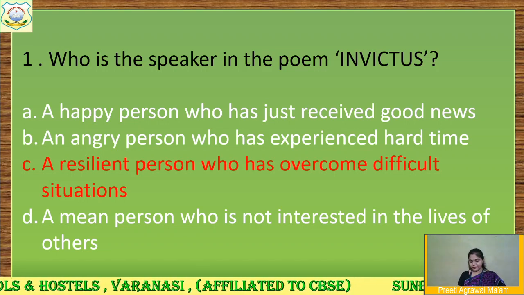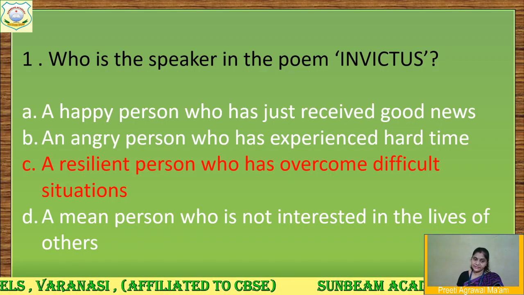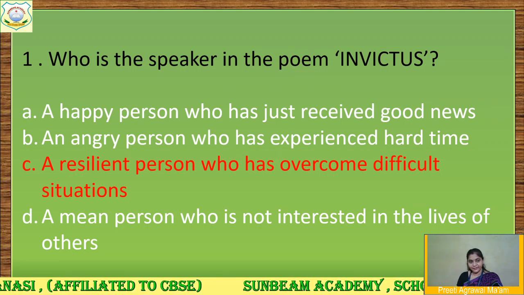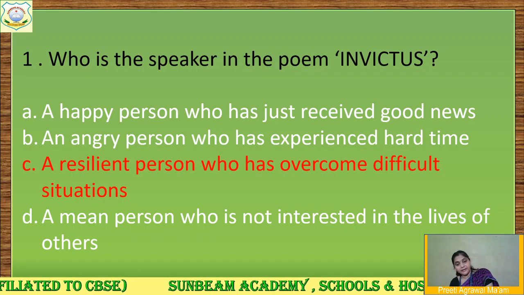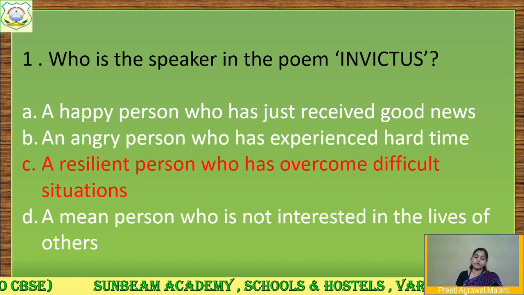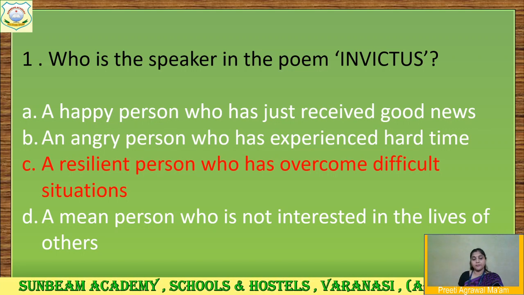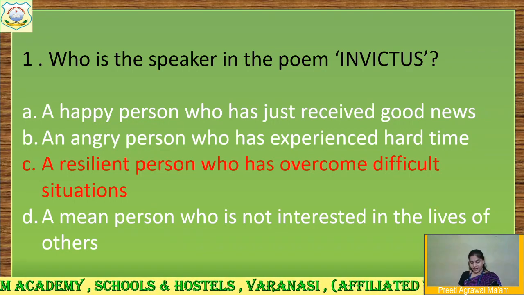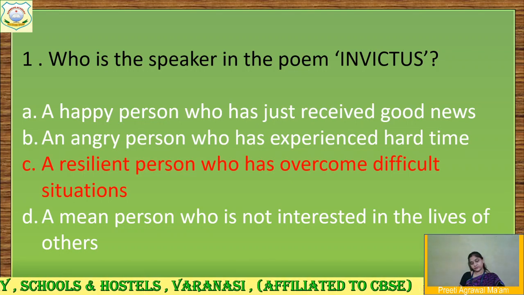Now, I had given you the meaning of resilient. Resilience, what does it mean? Do you remember? Yes, the meaning is the mental ability to recover quickly from illness. Not only illness, but also depression and misfortune.